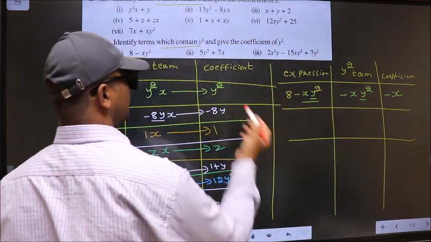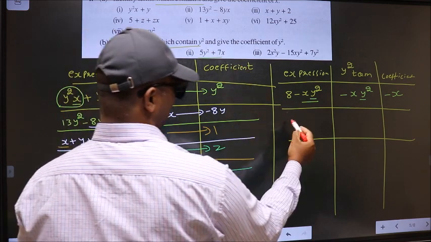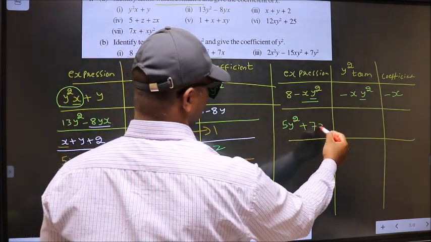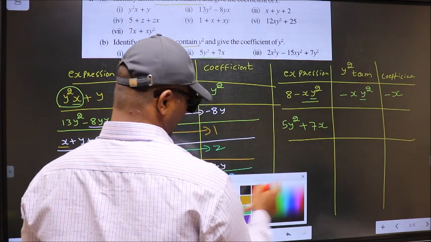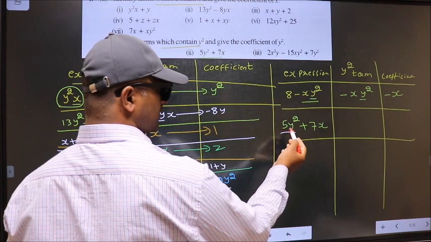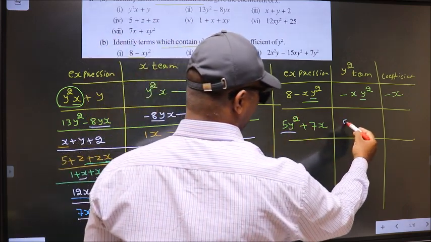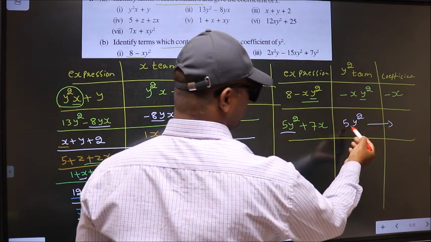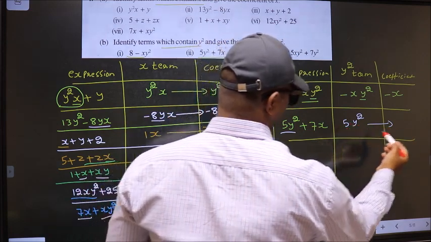That's it. Next, second bit, 5y square plus 7x. In this, where do you have y square? This is y square, so this is the y square term. Now the coefficient is, leave y square, write the rest, that is 5.